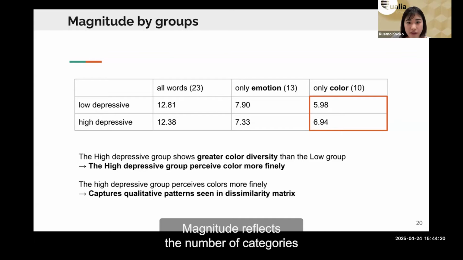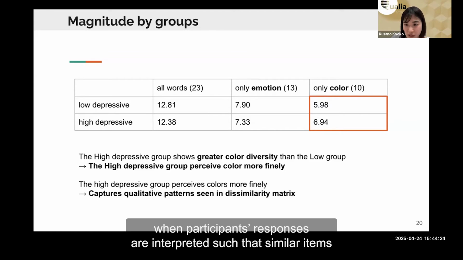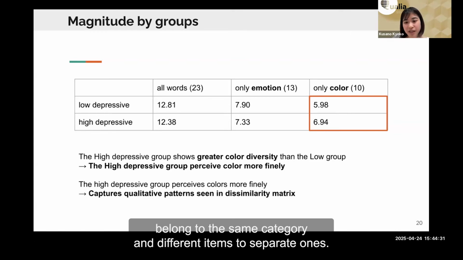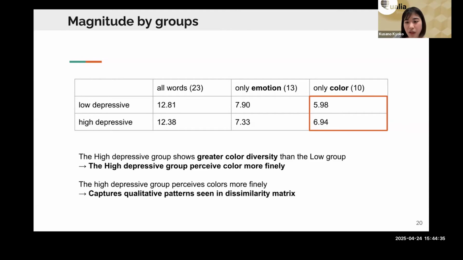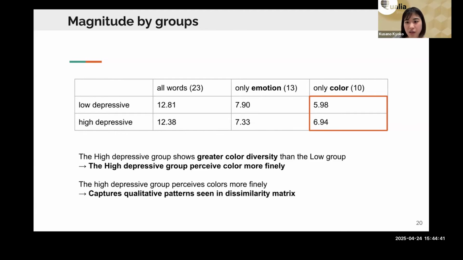Magnitude reflects the number of categories, when participants' responses are interpreted such that similar items belong to the same category and different items to separate ones. So a higher magnitude means that participants more finely distinguish the stimuli, which implies greater diversity.